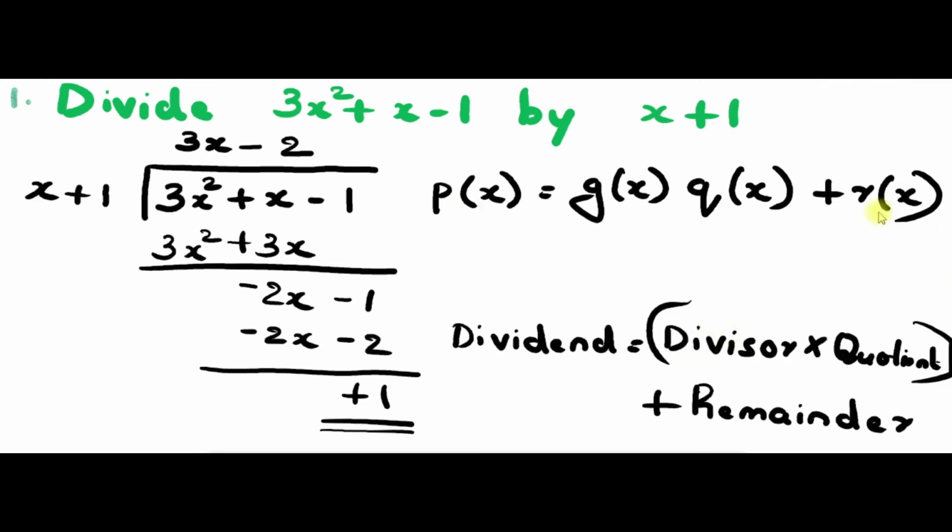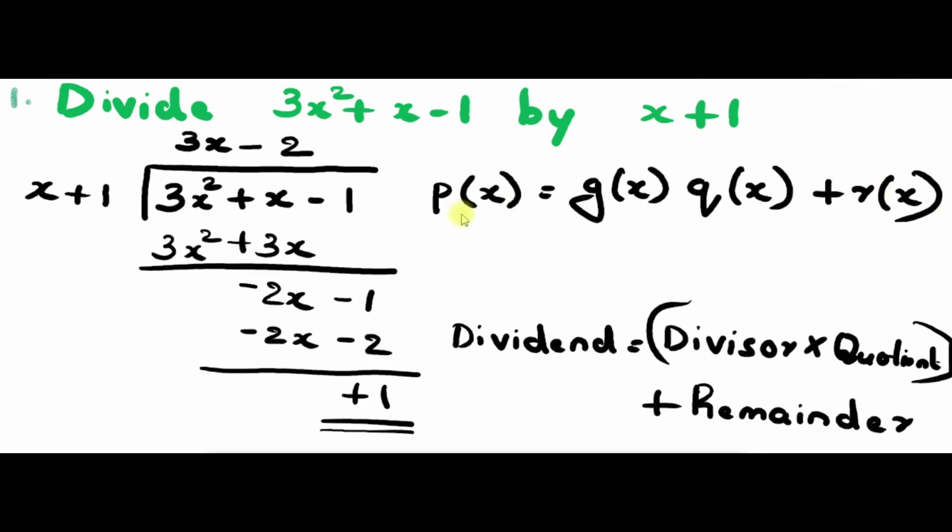There is a condition where r of x is equal to 0 or degree of r of x should be less than degree of g of x. Hence we say that p of x divided by g of x gives quotient q of x and remainder r of x.